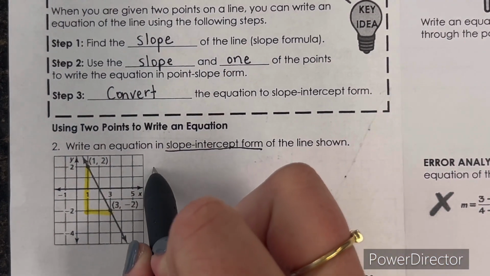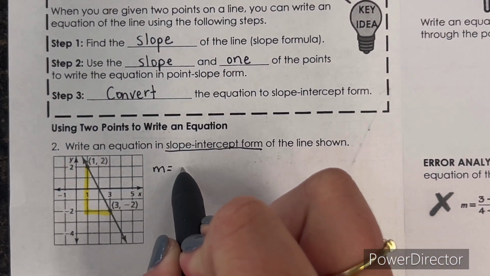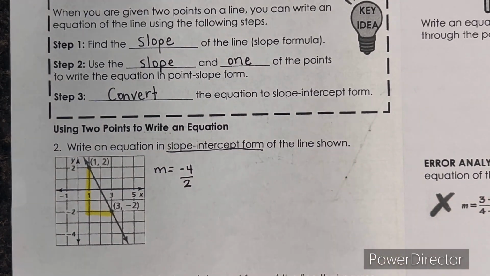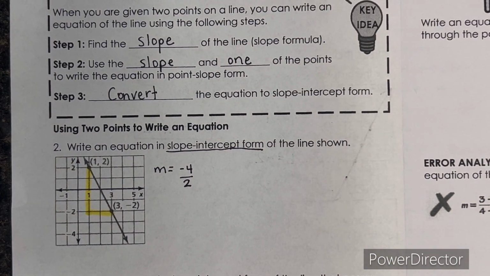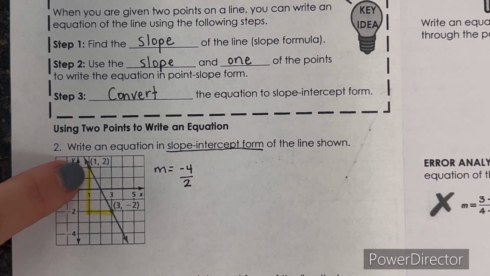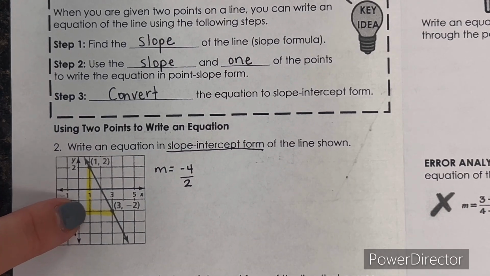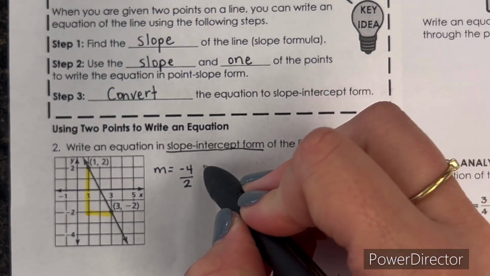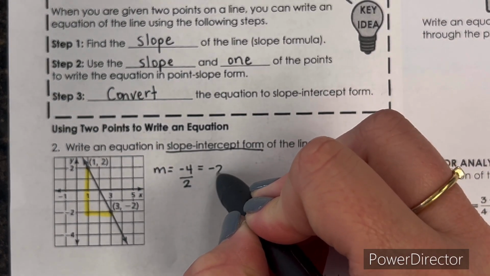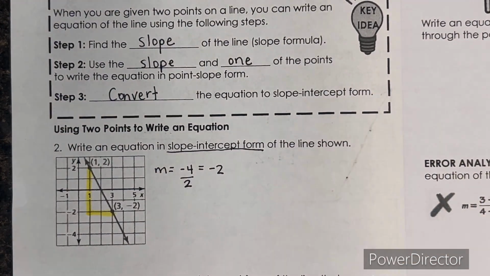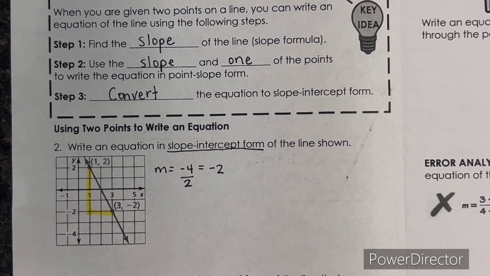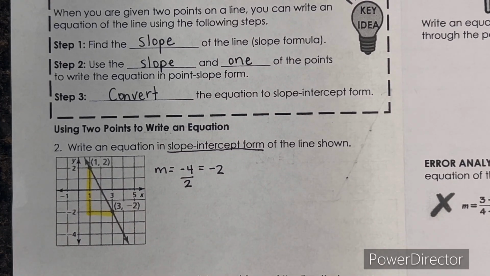So my slope is down 4 and right 2. And this is my little slope triangle that I did. Because I moved down, that's how it ended up being negative, and then I moved 2 to the right. And then -4 divided by 2 is just -2. So this is my slope. I will need slope. That's the hardest part about any of these problems, is finding out the slope.